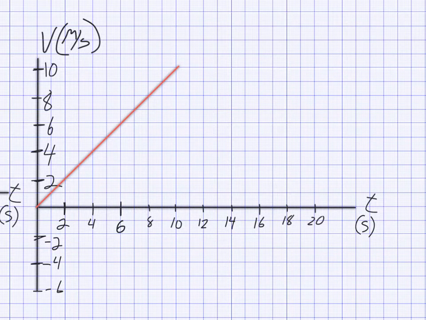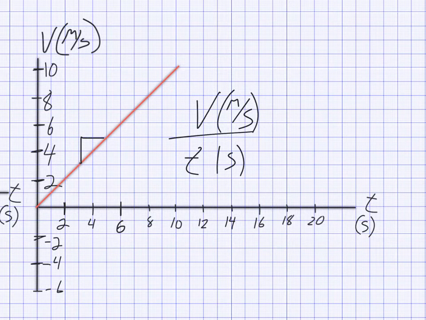Okay, so we can also find the slope of a line on this graph because now I have velocity, which has negative and positive values, over a time, and I can get a new slope. So if I do the slope here, I'm going to do my rise over my run. Notice that the rise is velocity this time divided by time, or meters per second divided by seconds, right?